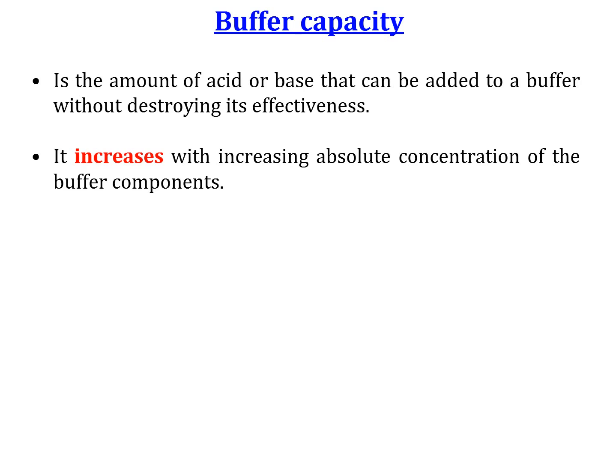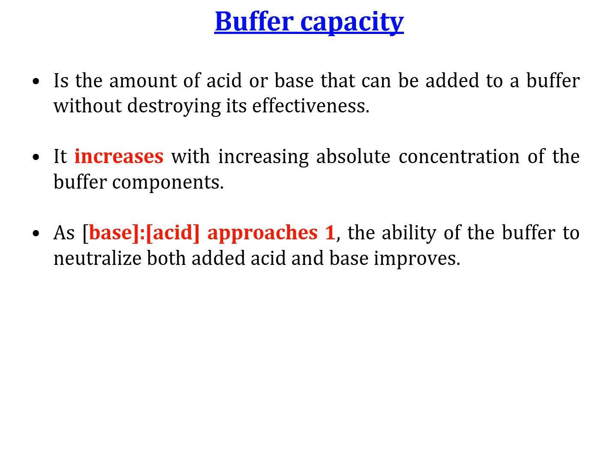In other words, if you prepare a buffer solution from HA and A- more concentrated, this will increase the buffer's capacity, so we can add more acid and more base without destroying the buffer.